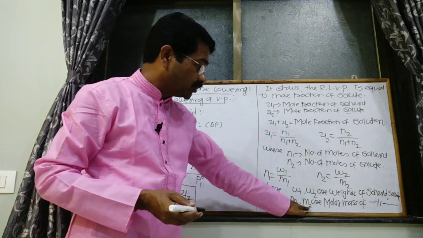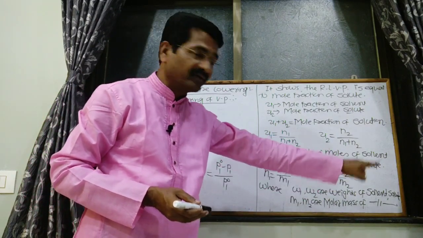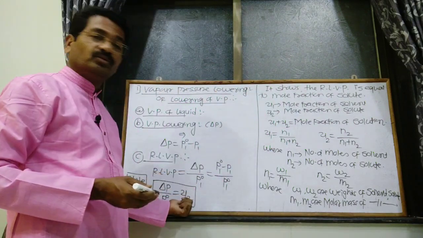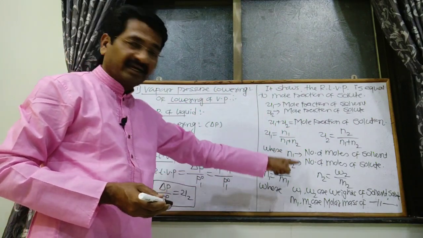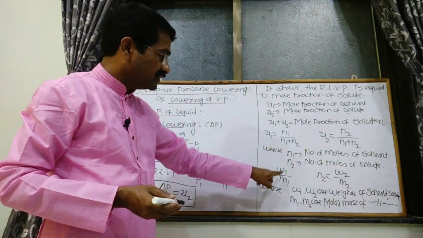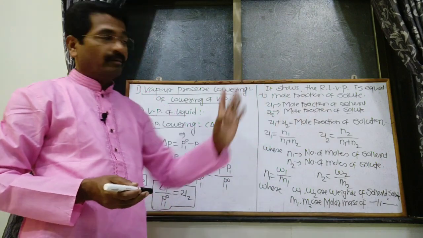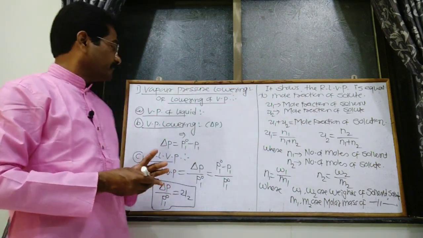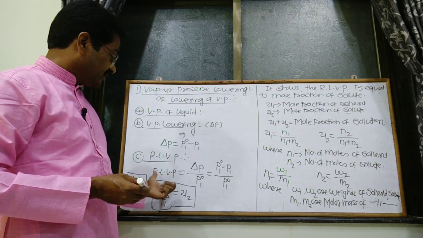Again, M1 and M2 are the molar masses of solvent and solute. So for calculating X2, we require N1 and N2, and for those we require W1 and W2. This way we can calculate anything. So this point is very important.